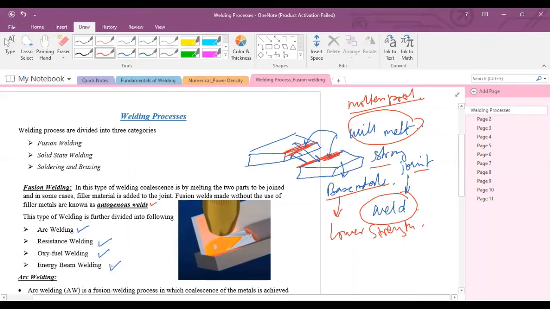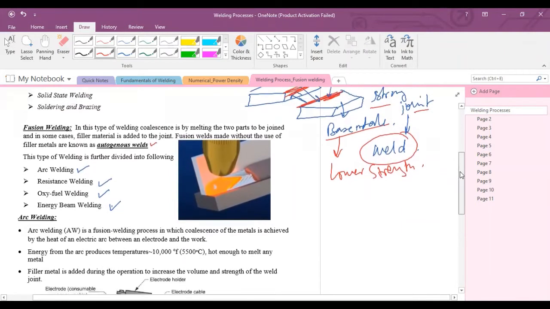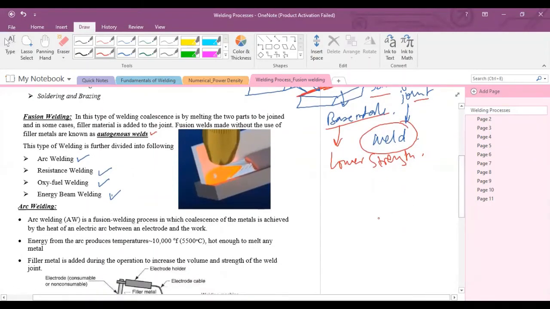There are four types of fusion welding: arc welding, resistance welding, oxy fuel welding, and high energy beam welding. First, I will explain arc welding. Arc welding is a fusion welding process in which two base metals are joined by the application of heat, and this heat is generated by an electric arc.